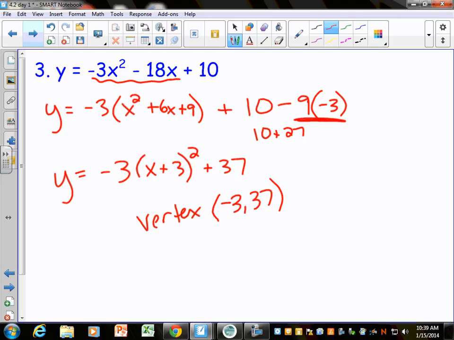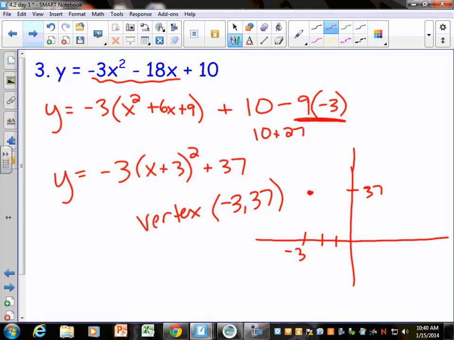Let me just graph it very, very sketchy here. -3, let's pretend right here is 37. And that would be my vertex. If there was just a 1 here, we know that if I went over 1, it's going down, I would go down 1, right?